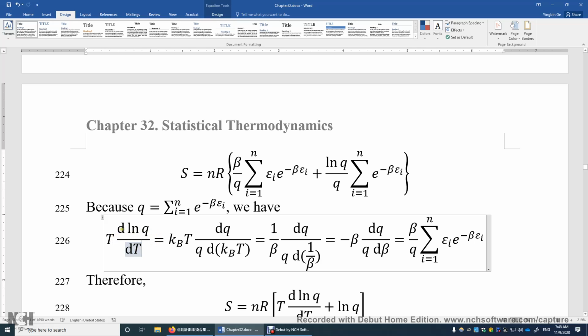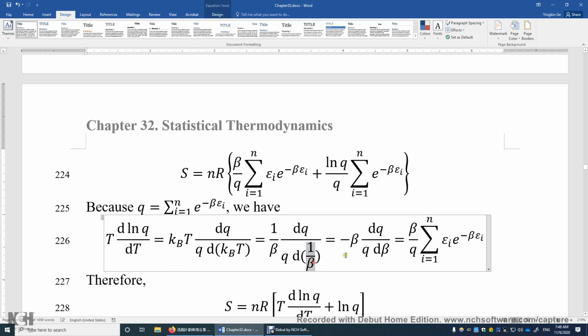So temperature times the first derivative of ln Q is this. I multiplied this T by kB and this T by kB. That's okay. And then d ln Q is dQ over Q, because the first derivative of ln Q is 1 over Q. And kBT is just 1 over beta, so I replace this with 1 over beta and this with 1 over beta.